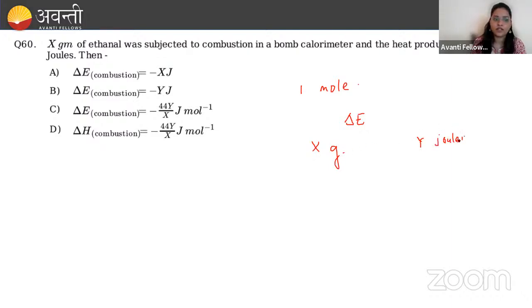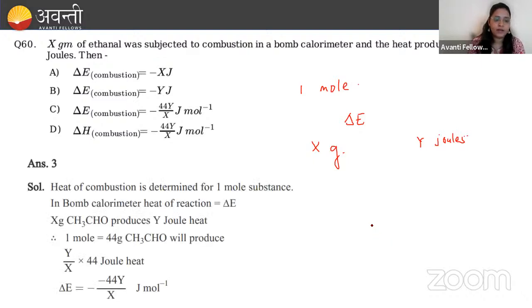Now 1 mole is equal to what? 44 gram of ethanol. You can calculate the molecular weight from the simple atomic weights of these atoms. So 1 mole is nothing but 44 gram of ethanol.